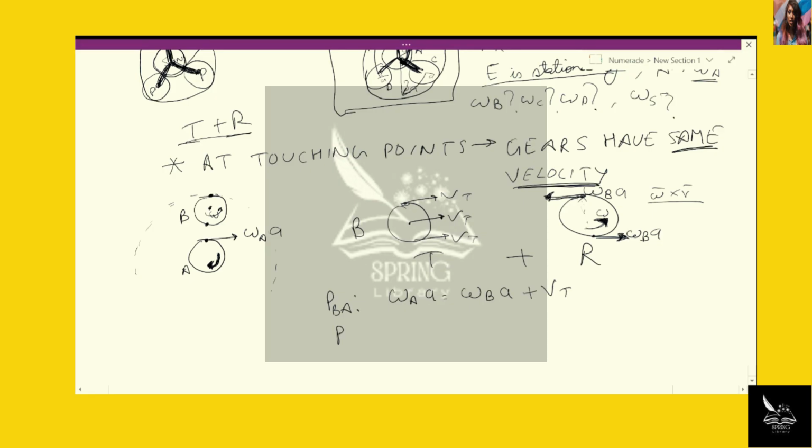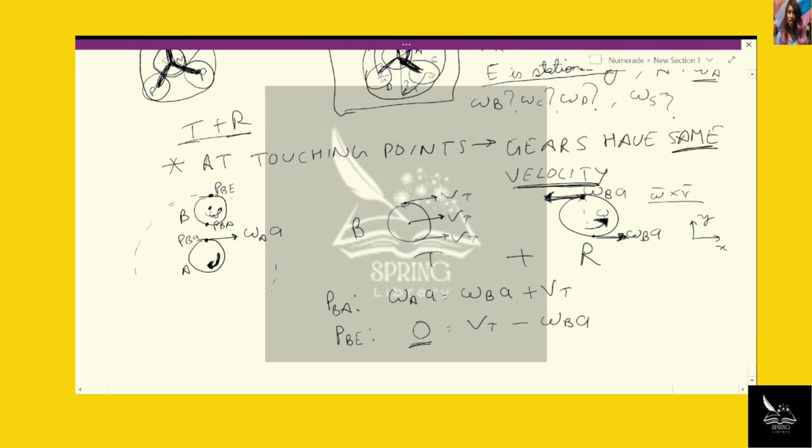Then at point of contact of B and E, so this is PBA, this point is PBE. At PBE, we know that the net velocity is 0, and from this diagram, looking at Vt and looking at omega BA, the net motion is Vt minus omega BA, because if our sign convention is x to the right, y up, then omega BA at point PBE is pointing left, so it's going to be negative.